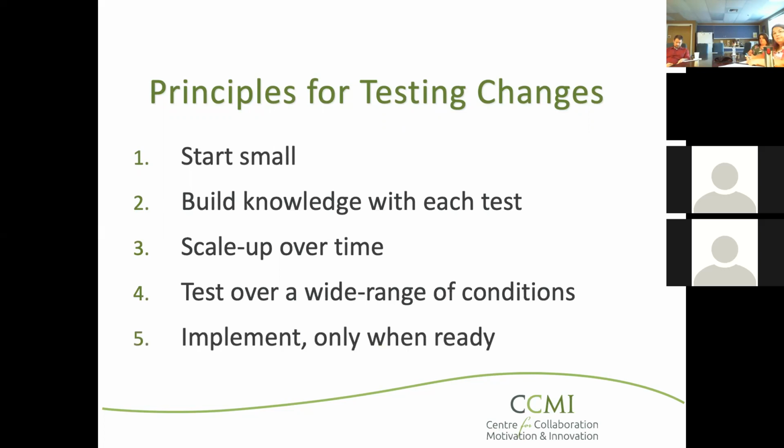And then finally, when we're ready, so we have a high degree of belief in the change that it's going to lead to an improvement, and we're pretty sure we've tested over a pretty robust number of conditions, then we're ready to implement it, to make it permanent within the organization. And we talked about a number of things you can do: training, documentation, communication, to really embed that change into the organizational fabric.